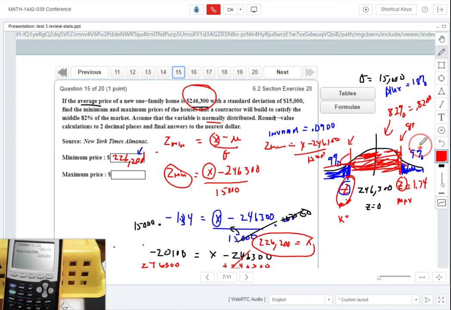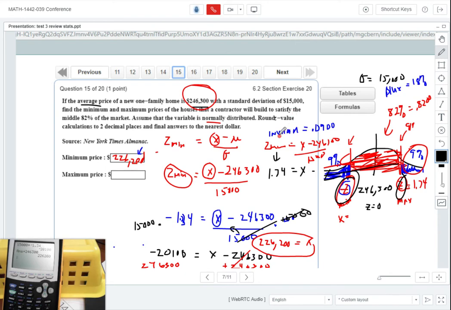Once again, if this is 9%, you have to go to the left. This would be 91%. So if you do a 91%, you should get a positive 1.34 because since this is symmetrical, this is negative 1.34 and this is positive 1.34. And then you go ahead and solve for x again. So I just wanted to show you that.